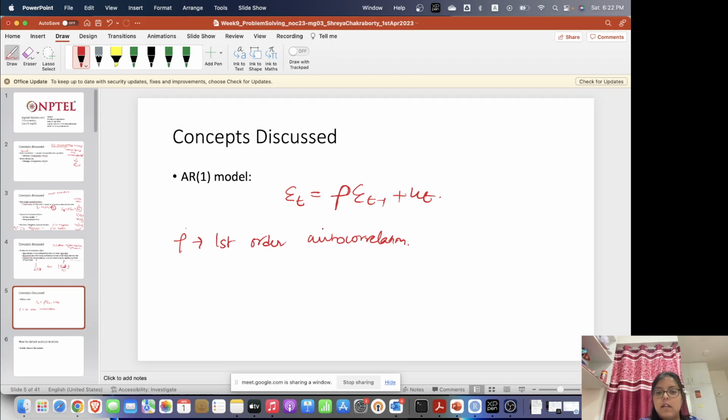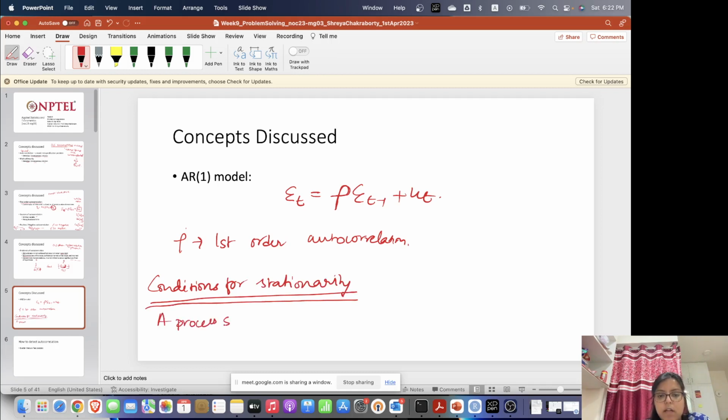This is the AR1 model. This model can be used in various contexts, and there is a condition in which this AR1 process is stationary. So I am going to discuss the conditions for stationarity. What do we mean by a stationary process? I'll write it in a separate sheet.